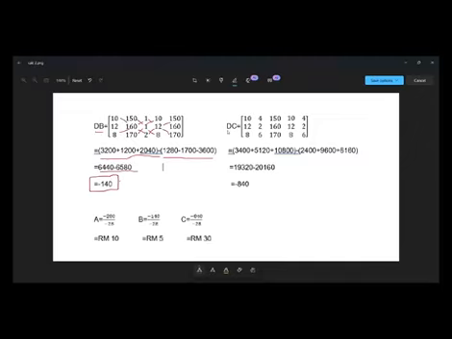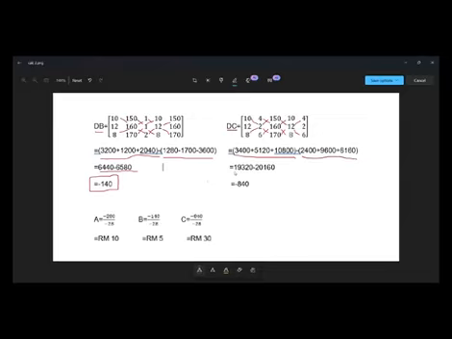Next, we will find the determinant C. For the determinant C, we just change our third column and then we will copy back the first and the second column, and then multiply using this line for better understanding, and then it will be like this.